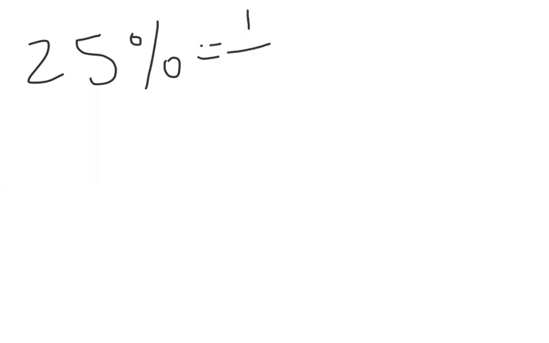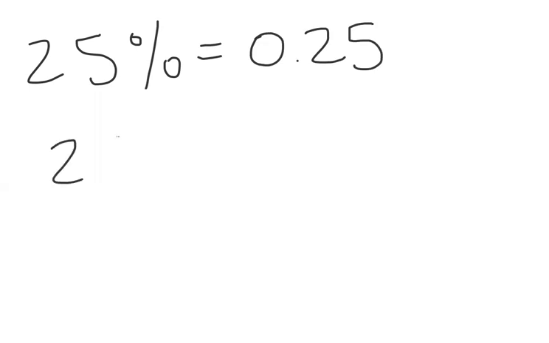Then I just want to show you something last. 25%, like we mentioned, that is 1 over 4. But also, if you now talk about a decimal, you can write the 25% as 0.25. Why? Because you have the 25 divided by the 100, and here you have 2 zeros.